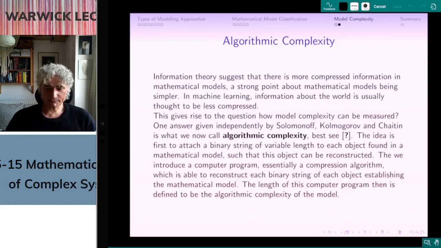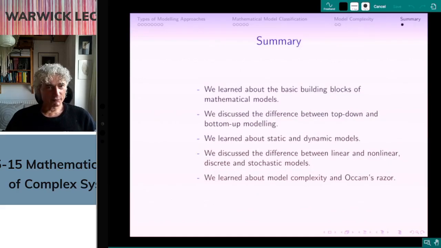So let's go to the summary. Today we learned about basic building blocks of mathematical models. We discussed the difference between top-down and bottom-up modeling. That is very, very important. We learned about static and dynamic models. We discussed the difference between linear and nonlinear, discrete and stochastic models.